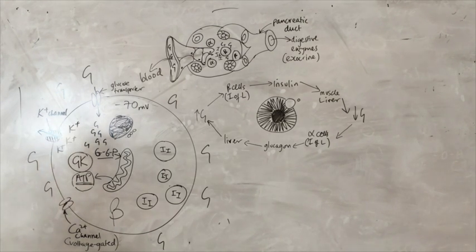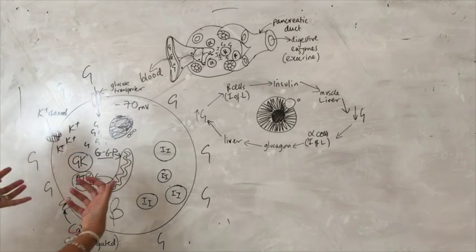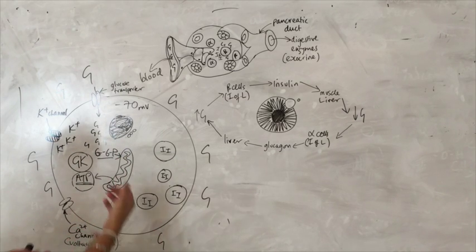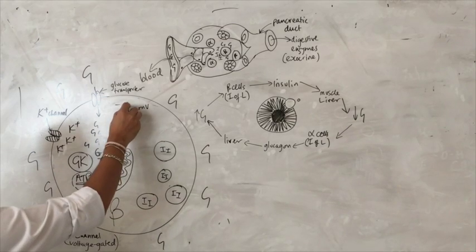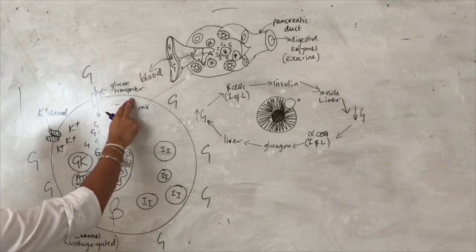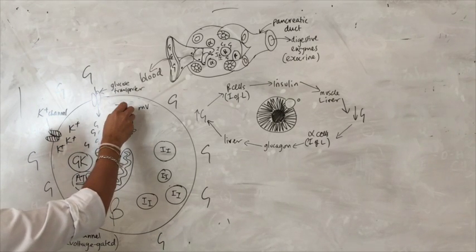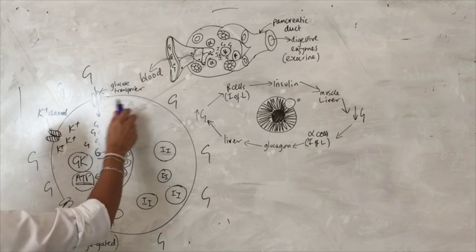So the potassium channel closes, and because we're retaining more positive ions in the cell, we start to get depolarization. So the inside of the cell, instead of being negative in relation to the outside, starts to become more positive.